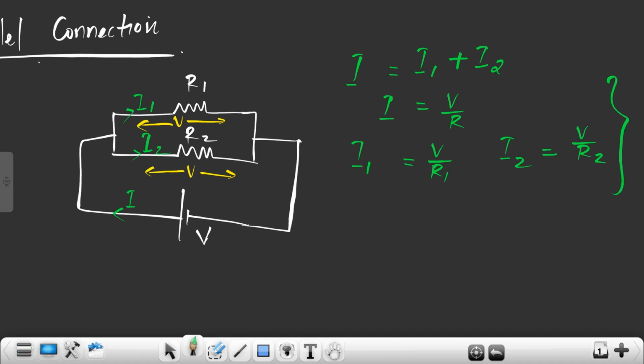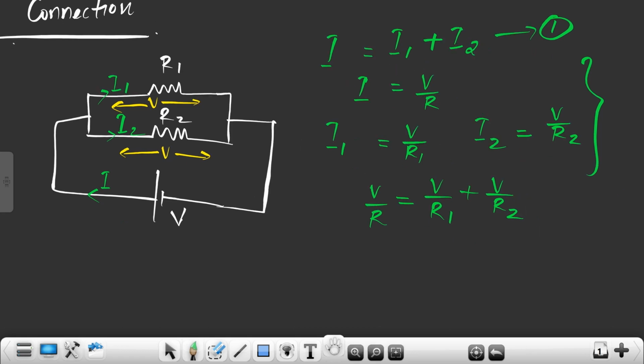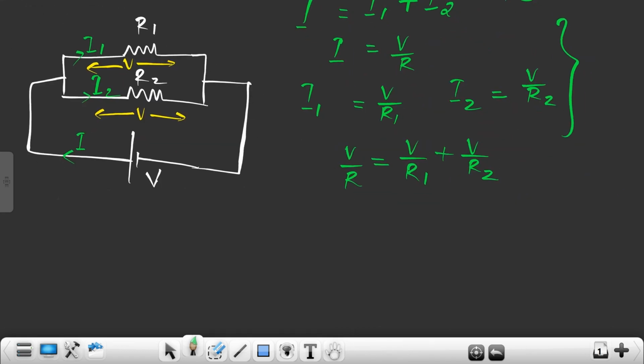We can apply both of these in our first equation. So V by R is equal to V by R1 plus V by R2. If we take V as common, we get 1 by R1 plus 1 by R2.